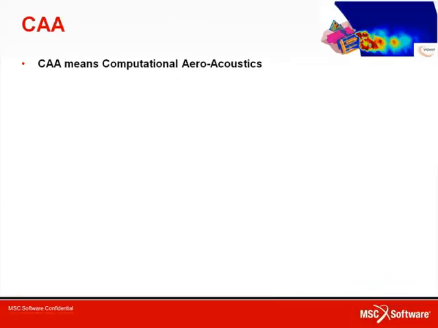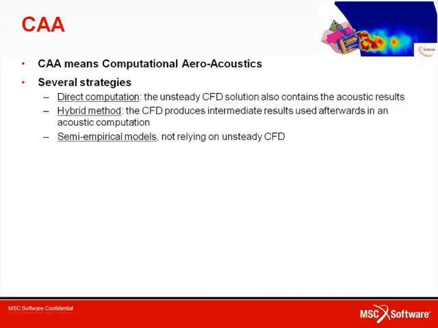So CAA is the abbreviation of computational aeroacoustics, like CFD means computational fluid dynamics. And any CAA method usually belongs to one of the following categories. First, there are the so-called direct methods. An unsteady CFD solver is used to compute both the aerodynamic field and the acoustic field, and the two at the same time.